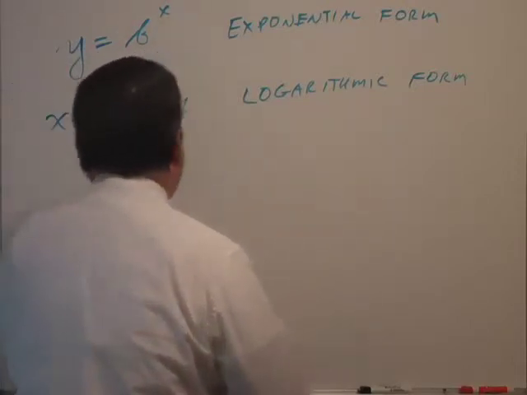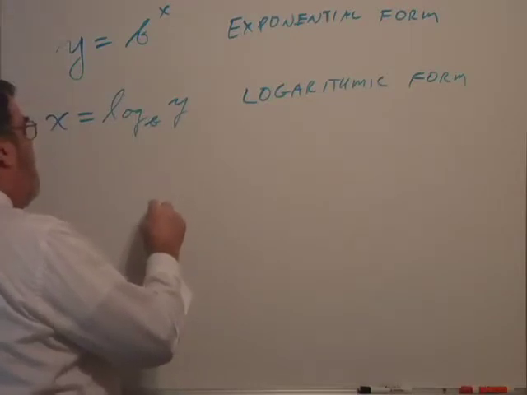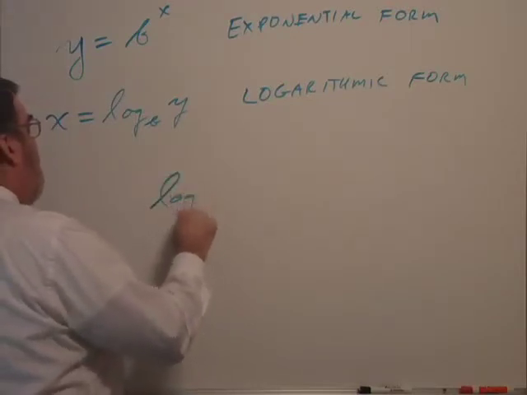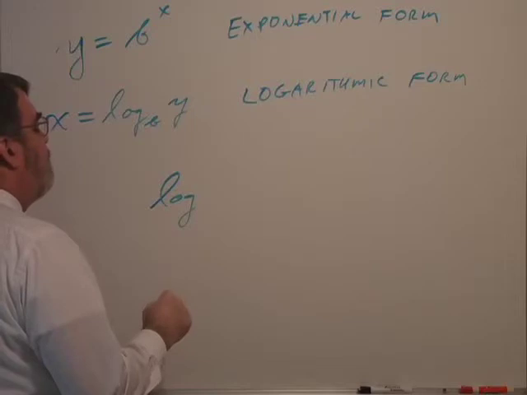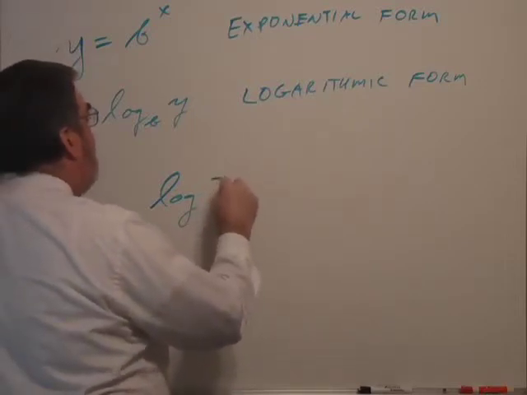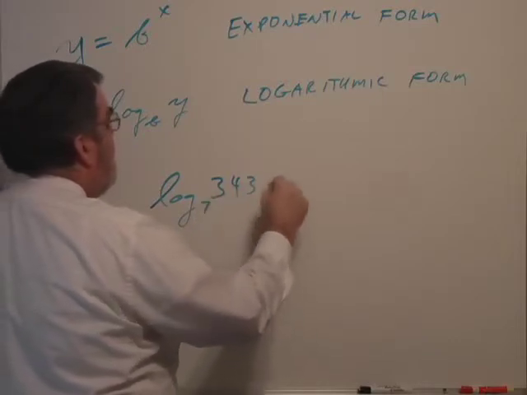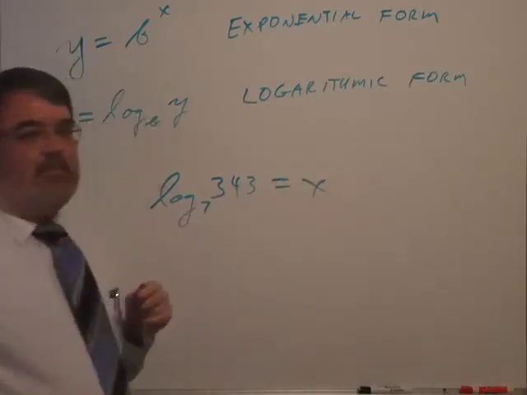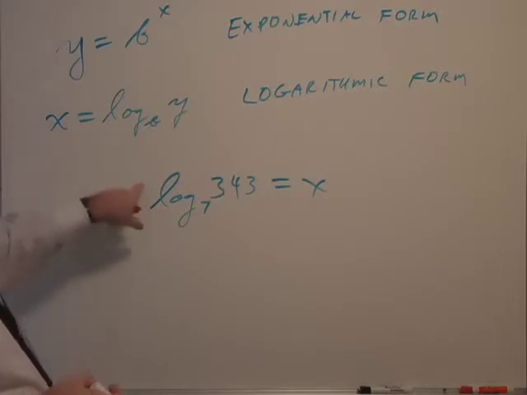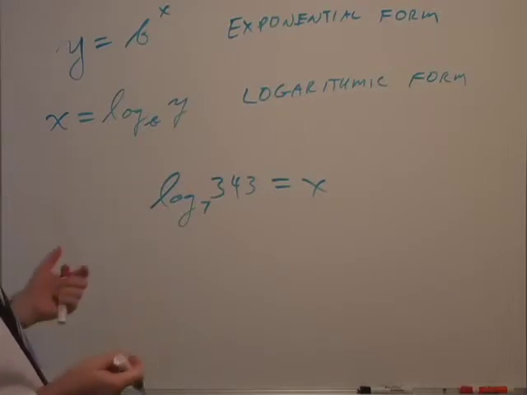Suppose that we had the log of 343 base 7 equals x. Now that's written in logarithmic form. I'm going to write it now in exponent form.